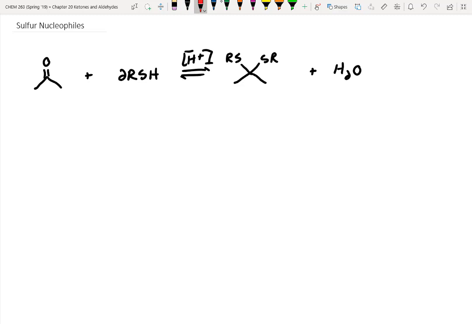All right, this is just called a thioketal. So instead of calling it a ketal, we want to differentiate it because it has sulfur, so we just throw in the thio to indicate that it's the sulfur analog. Additionally, what we can do is the analogous situation where we have two thiols.